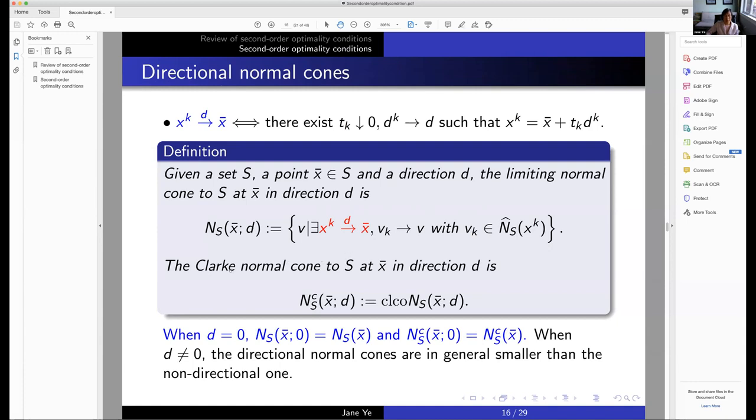Also you can take the closed convex hull, then you get the Clarke normal cone in direction D. When D is equal to 0, the directional limiting normal cone is just the standard limiting normal cone, and the directional Clarke normal cone is just the standard Clarke normal cone. So the directional normal cone is in general smaller than the non-directional one.